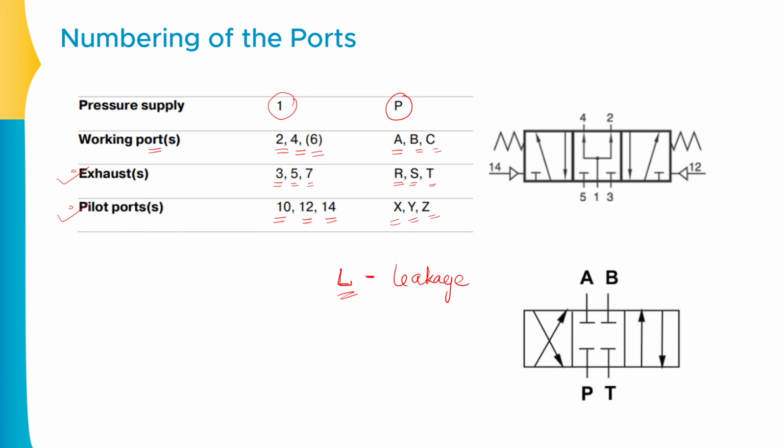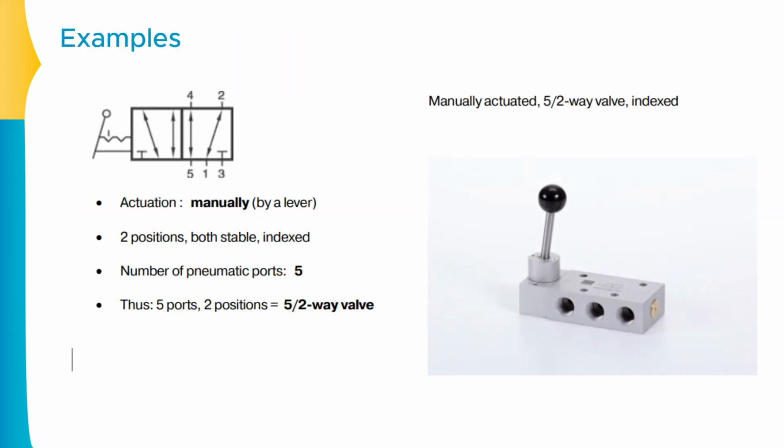Now let us quickly check out some very basic examples related to the direction control valve. The very first example you are going to observe is this one. This is the actual figure of the direction control valve, and this is the graphical representation available on this specific valve.